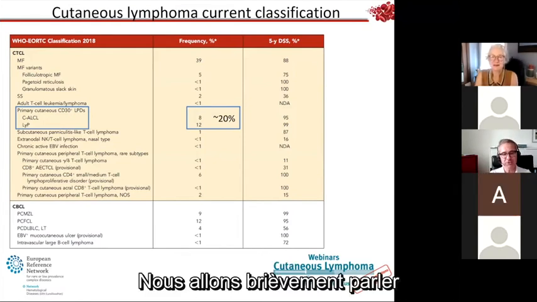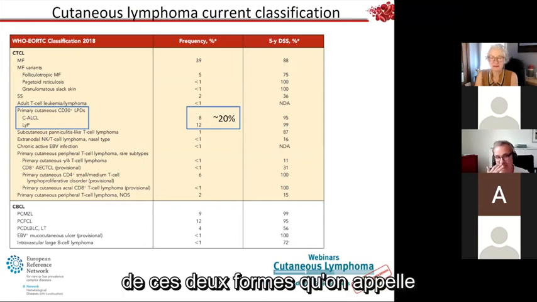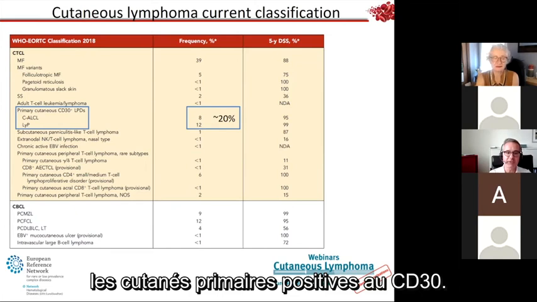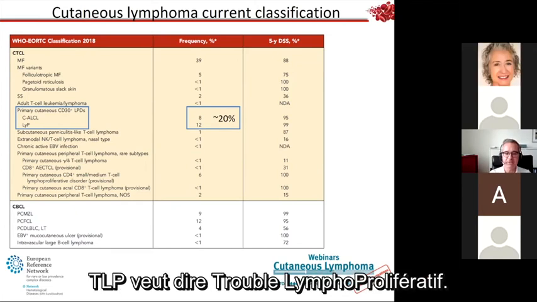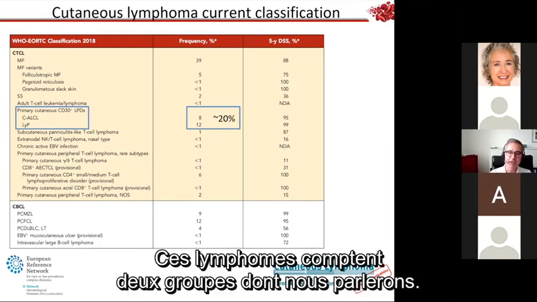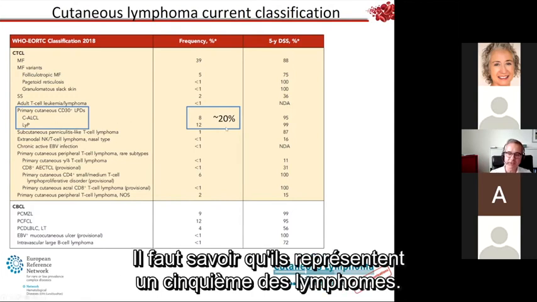So we'll have a short discussion on these two forms, the so-called primary cutaneous CD30 positive LPD, which stands for lymphoproliferative disorders. There are two groups of these lymphomas, and we'll discuss both of them shortly. Keep in mind that they make up roughly one fifth of all cutaneous lymphomas.